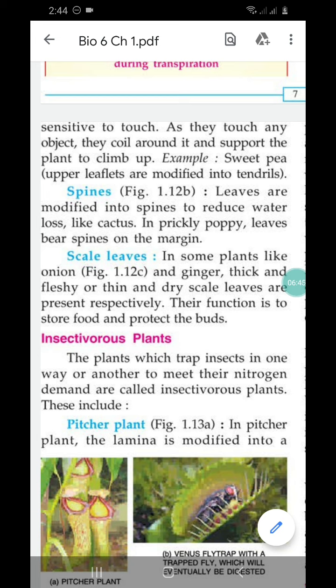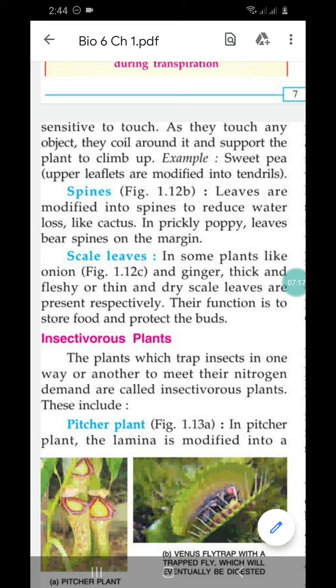Third modification is scale leaves. Now you might have seen onion spring, or spring onions we call them. If you observe the leaf of the spring onions, you find grass-like structures, scale-like structures. So here the leaves are modified in order to store food. The onion part which we are eating is a leaf. It is pinkish in color.